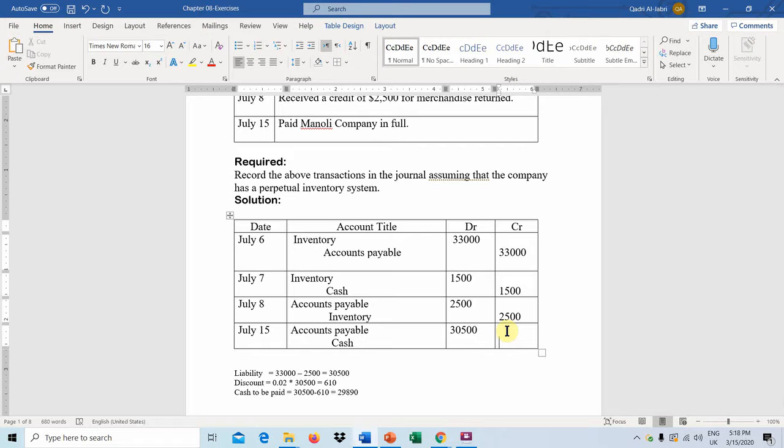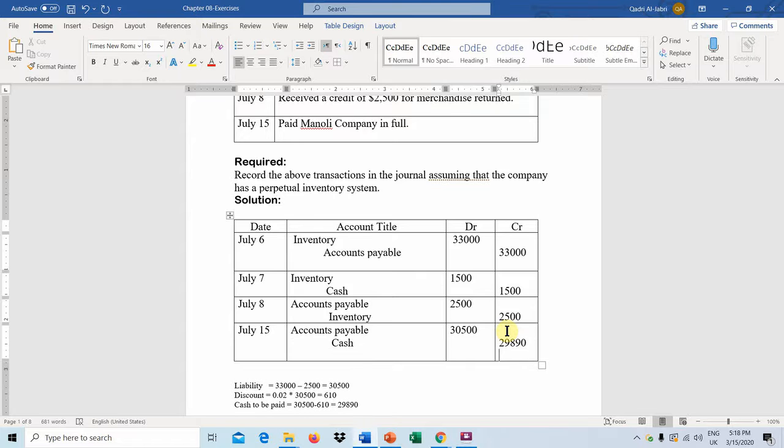We said cash is 29,890, and finally we will have a discount, and this discount has an amount of 610, so we have to put 610 on credit to balance, and I will credit for this inventory.